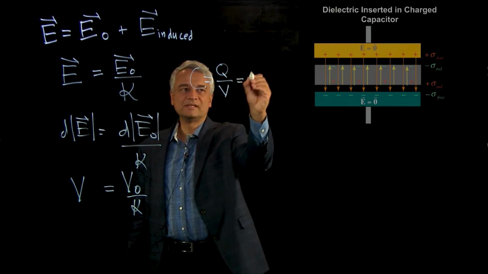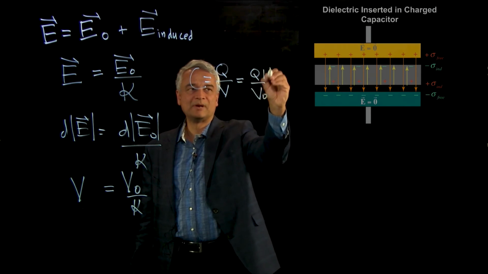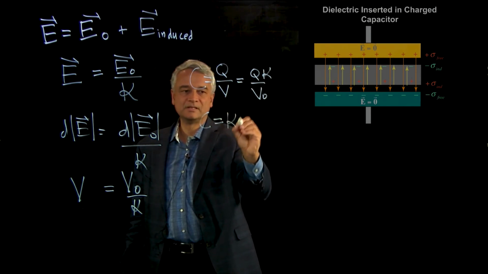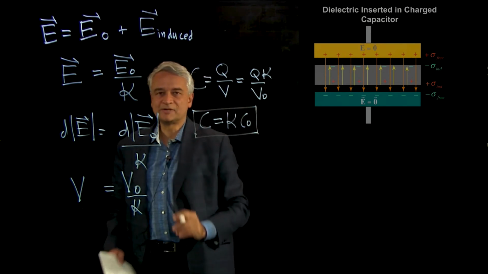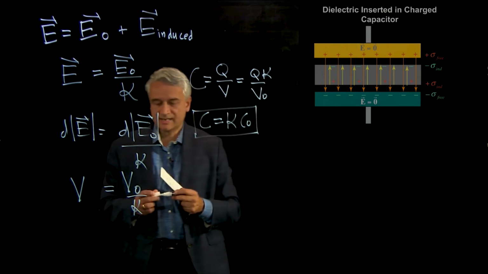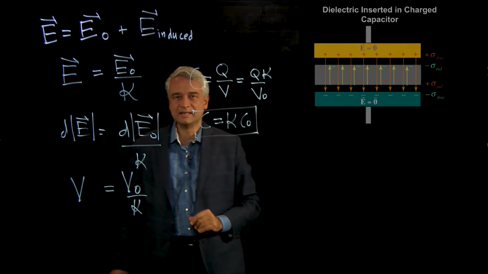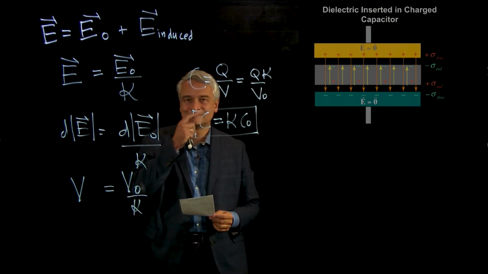So Q over V, this is going to be Q over V naught, and then there's a kappa up here. So C is equal to kappa times C naught. So what does a dielectric do in a capacitor? It increases the capacitance. It increases the capacity by a factor of kappa. And that's our fourth way of looking at this.